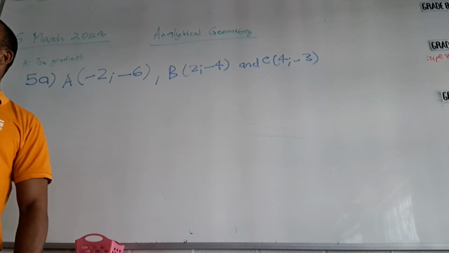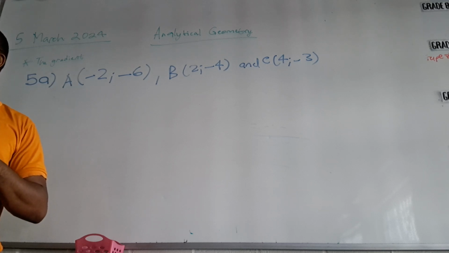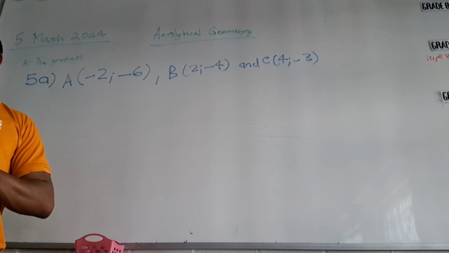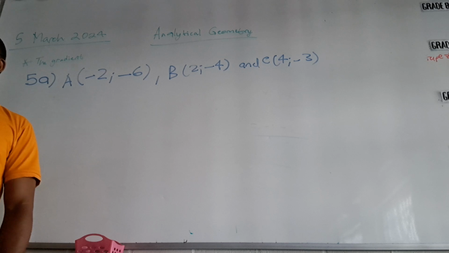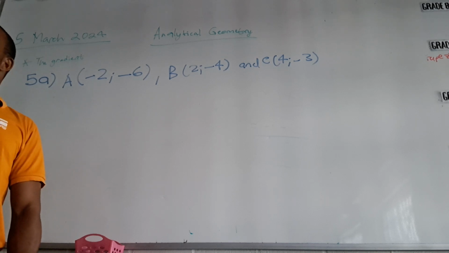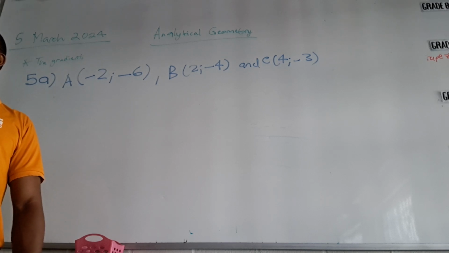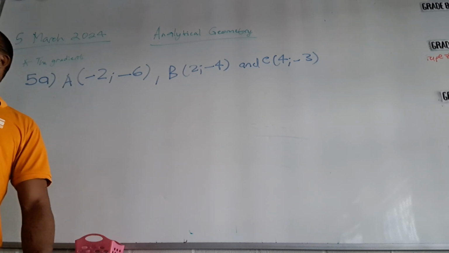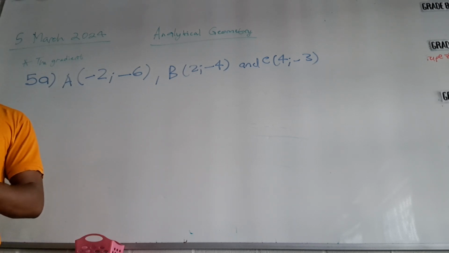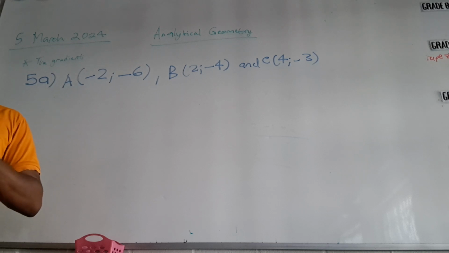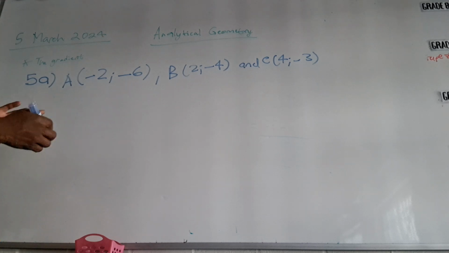It means when you do your calculation, your gradients should be the same. If your gradient doesn't turn out to be the same, it means 2 things. First, most likely you made a sign error. Secondly, probably but much less likely, we made a mistake with the question and chose coordinates that aren't actually collinear. Does that make sense? So, let's work out.